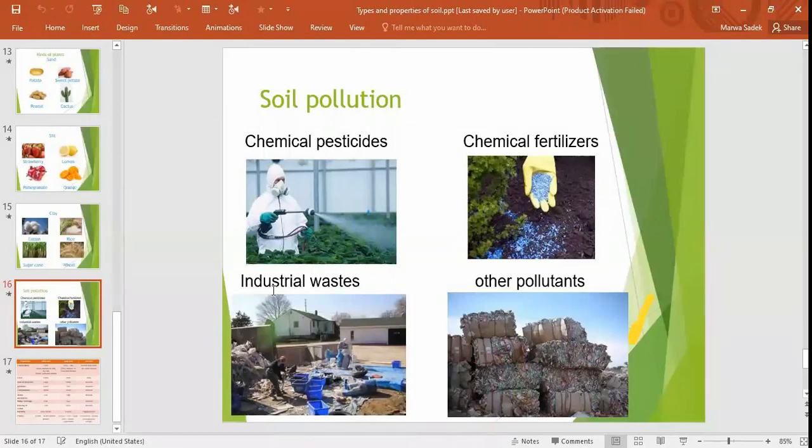When these wastes come to the soil, they pollute the soil. Number 4, other pollutants. Other pollutants means any other wastes in the soil will also pollute the soil. Okay, guys? Okay.